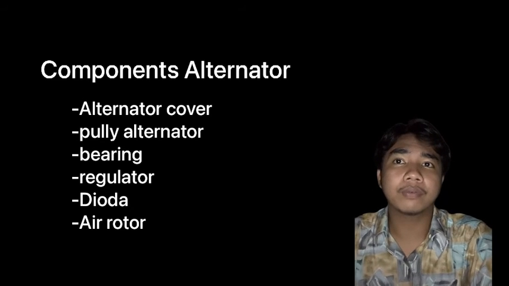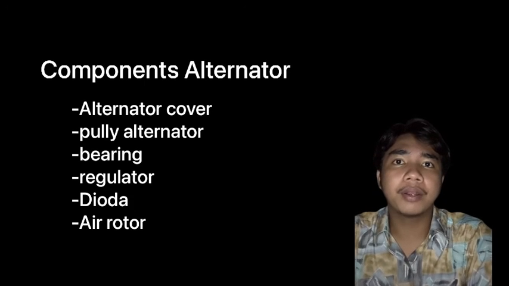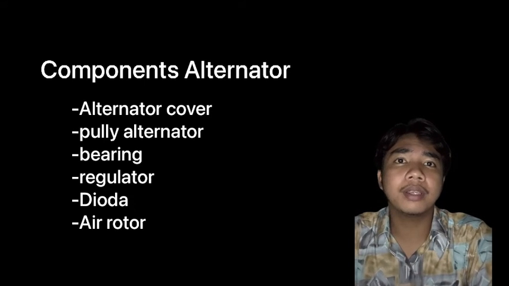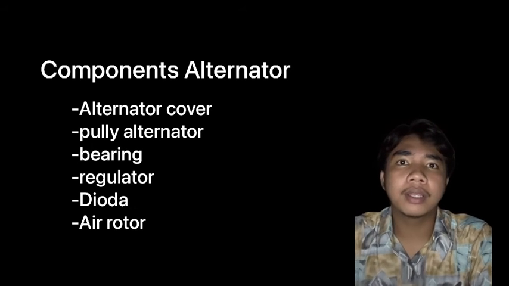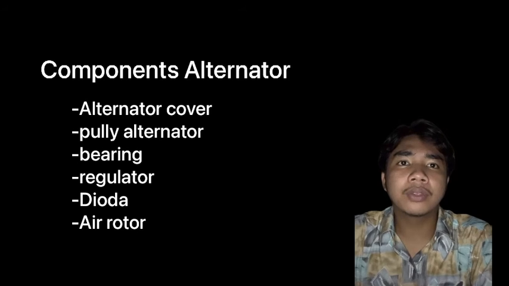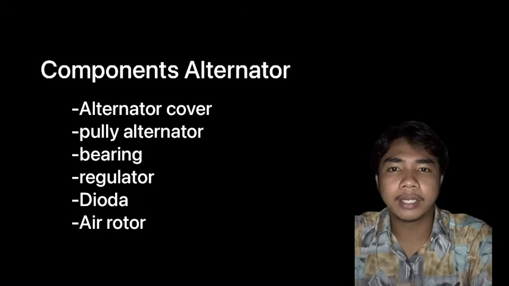Component number 5, diode. The voltage generated by the alternator is usually an alternating current. Through this diode, the electrical current can be converted into direct current, which will flow to the components that require electricity.